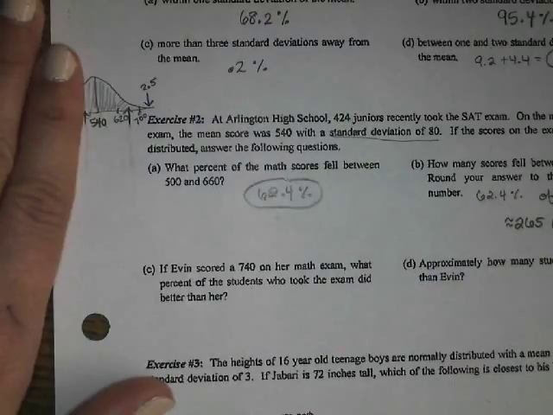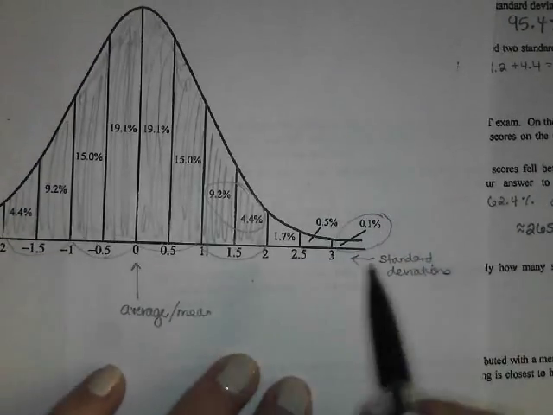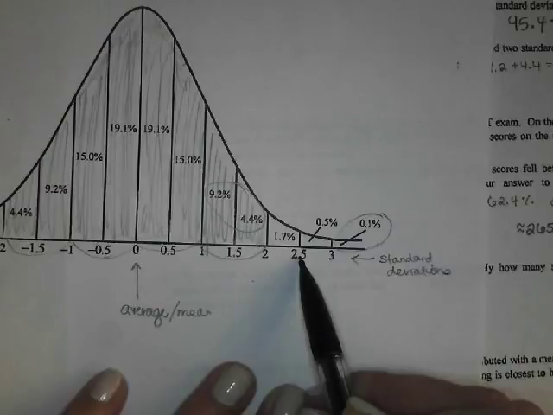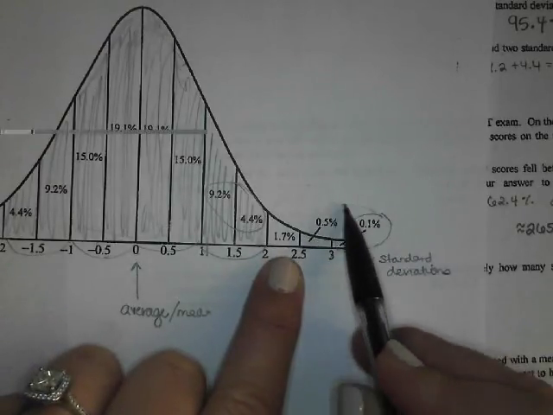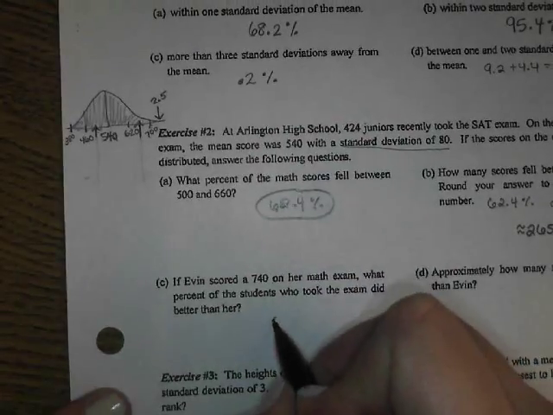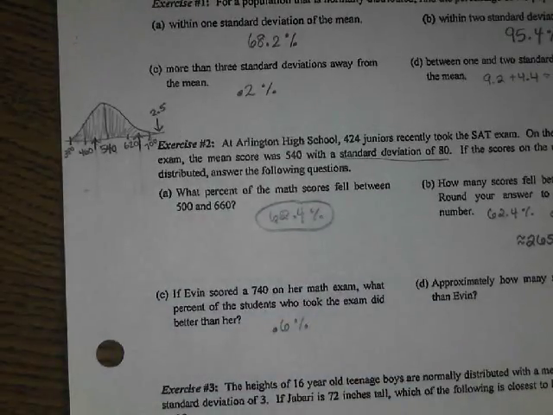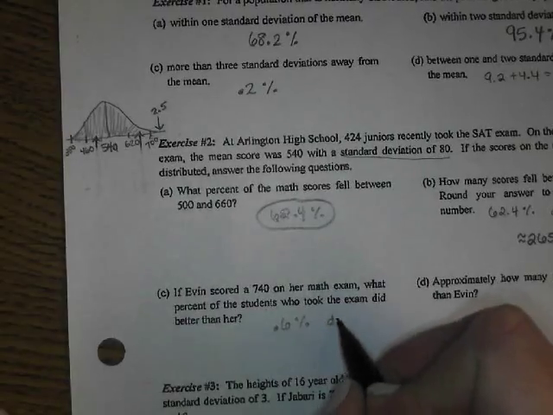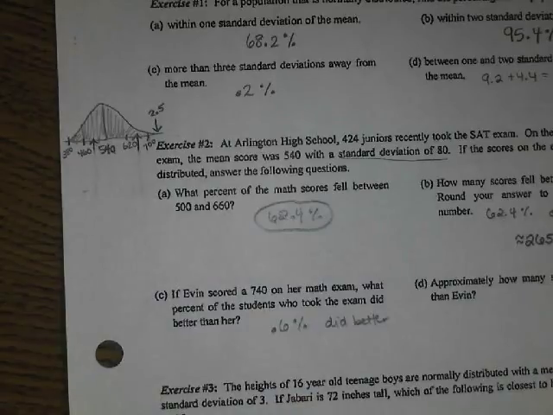So what percent of the students did better than her? Look at your chart. Here's 2.5 standard deviations above. What percentage did better than her? 0.6%. So not even 1%. Okay? 0.6% did better than her. And it doesn't ask this, but I'm curious. What percentage of people did worse than her?